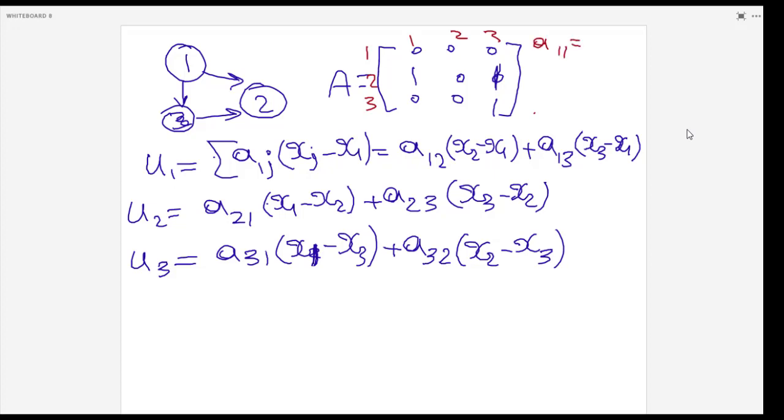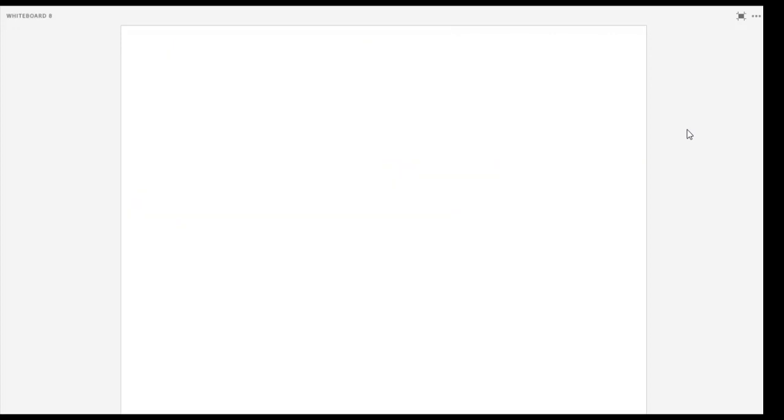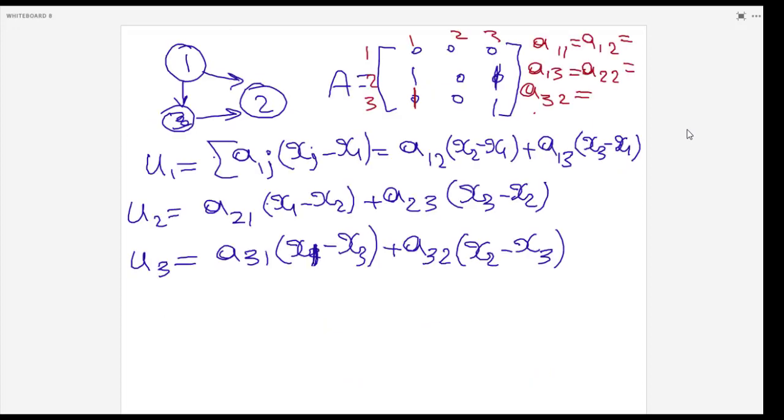Based on this matrix, A11, A12, A13, A22, A32 equal to, so let me check the matrix. This is 0. A33 equal to 0.